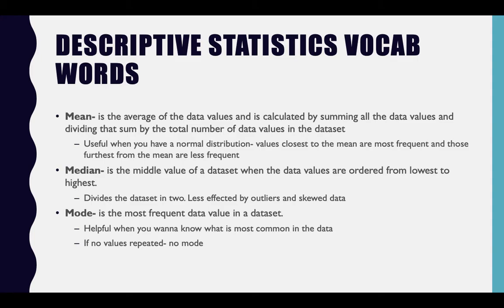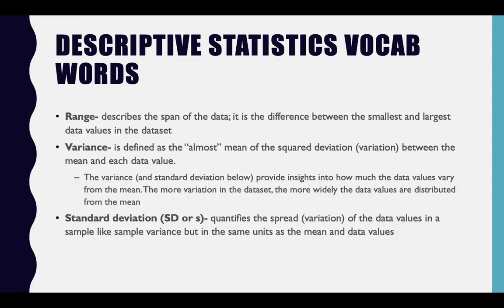And then last but not least, mode. That's the most frequent data value in a data set. It is helpful when you want to know what value is the most common in the data. And if no values are repeated, then you don't have a mode.